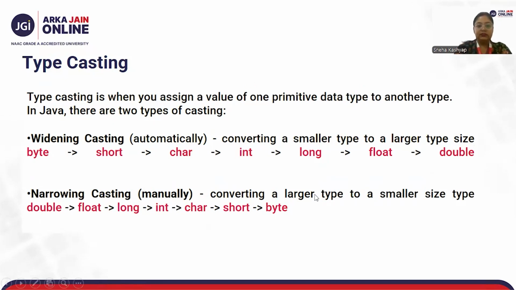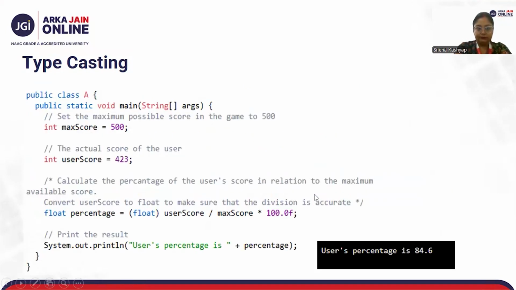Next, let's see an example of typecasting. Here I have taken a class with the name A, and I've set the string arguments in the main function, which is of type void, has the keyword static and the access specifier public.